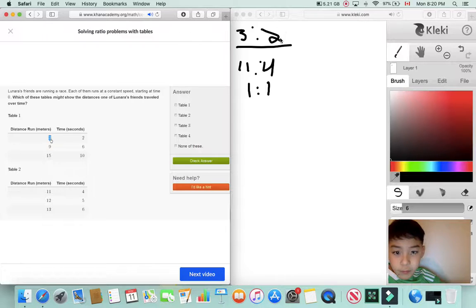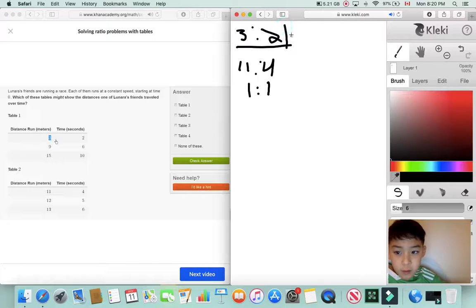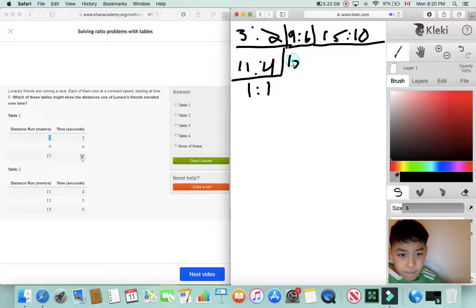So the ratio between distance and time should be constant throughout all of these possible tables. So here you have a ratio of 3 to 2. If you triple the distance, we're tripling the time. If you multiply the distance by 5, we're multiplying the time by 5. So table 1 seems completely reasonable.